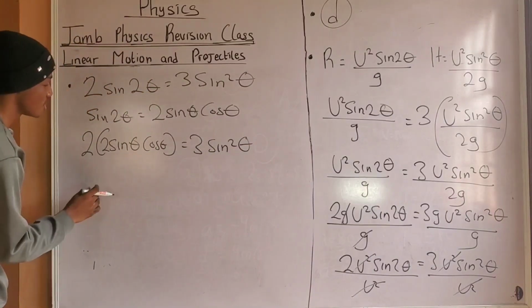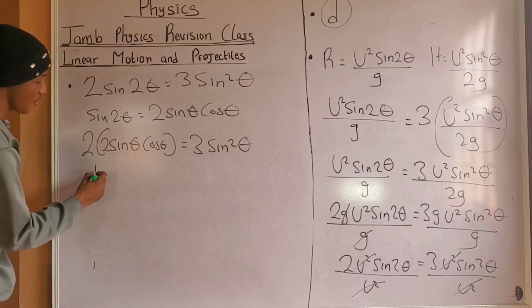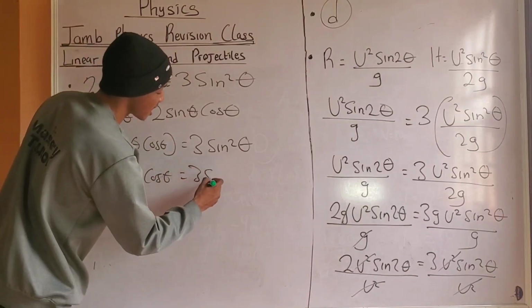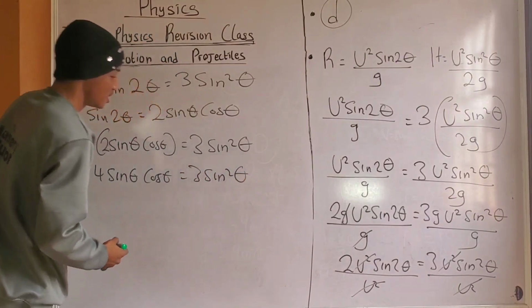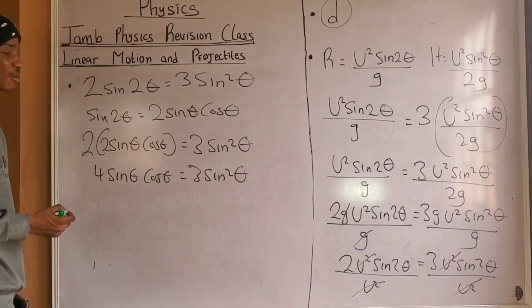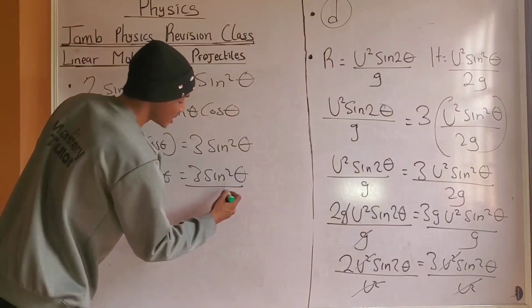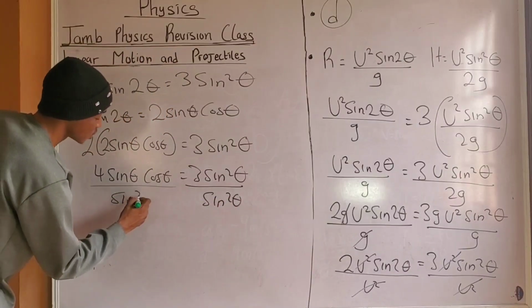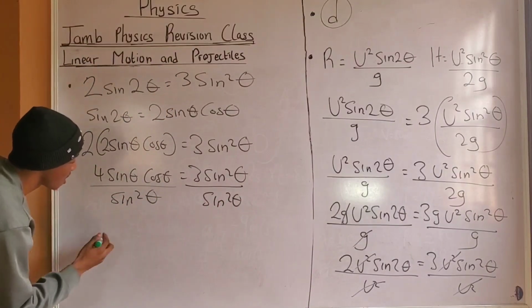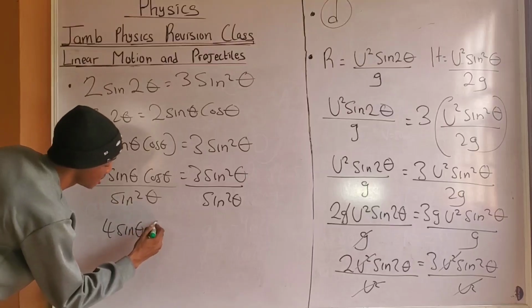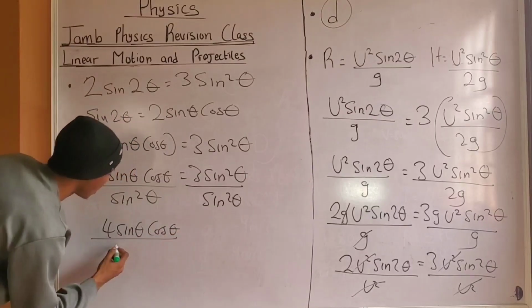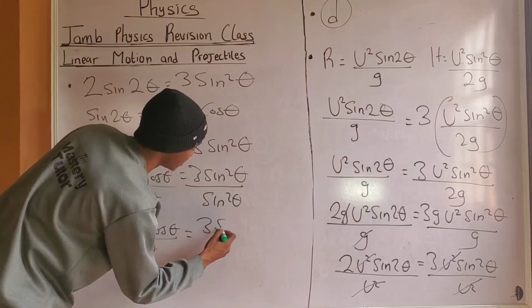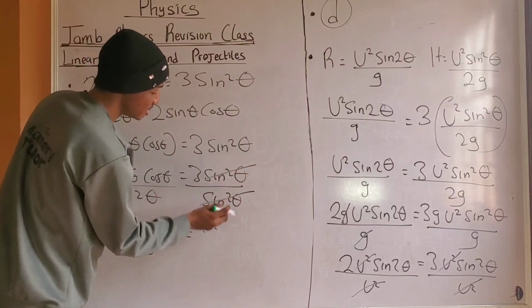So for this, I'm going to have 4 sine theta cos theta equals 3 sine squared theta. The next step is to divide by sine squared theta. So I'm going to have 4 sine theta cos theta all over sine squared theta equals 3, since the sine squared theta cancels out on the right.